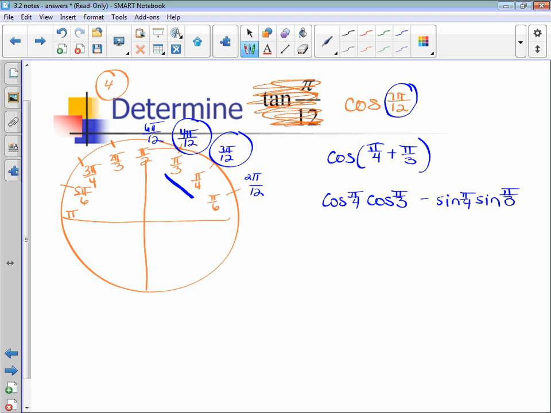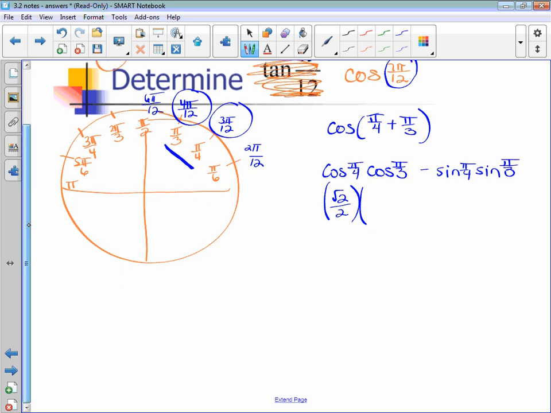All right, so then we evaluate it. What's the cosine of pi over 4? Root 2 over 2. What is the cosine of pi over 3? One half.